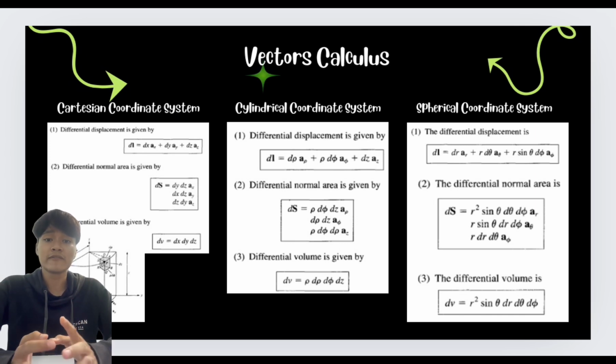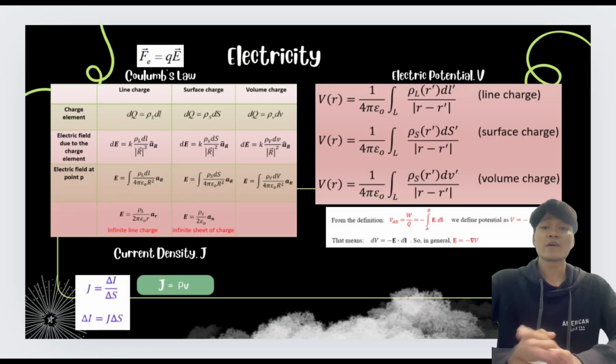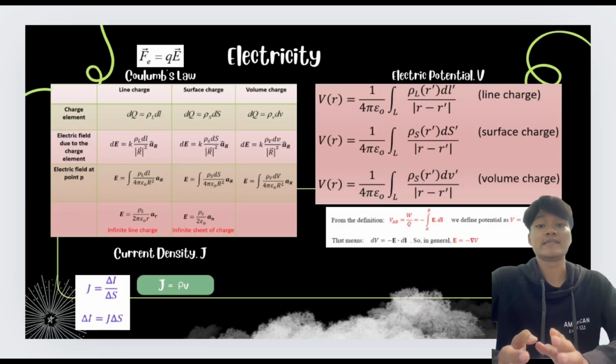As an example, if the question asks us to find the surface of a cylindrical system, then we choose the formula based on which axes are actually changing over the surface. If the question asks us to find the surface where the phi and rho axes are changing, then use the formula that has phi and rho. As simple as that.